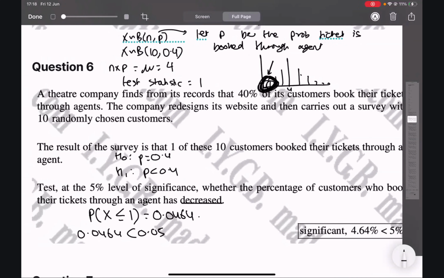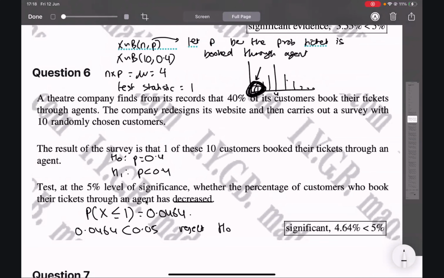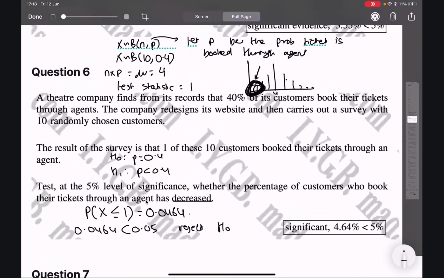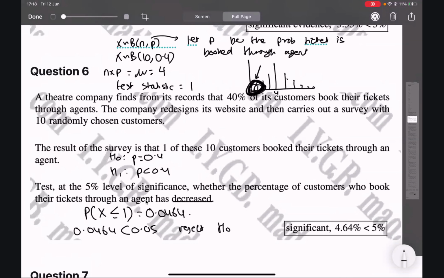H0. Exactly. Reject H0 because it was overestimating how many people booked their tickets through agents. According to that distribution, with 10 and 0.4, they wouldn't have expected this outcome, but this outcome has just happened. So it must have been wrong, right? Yeah.